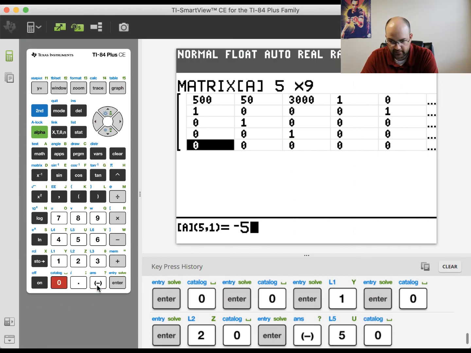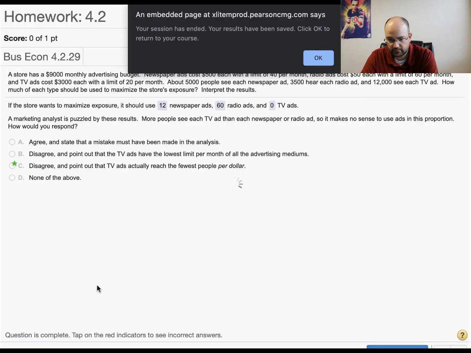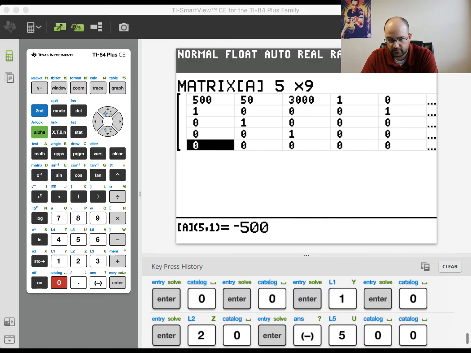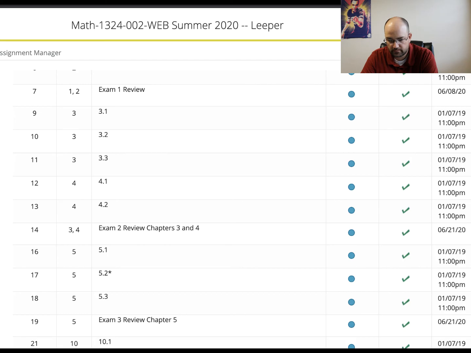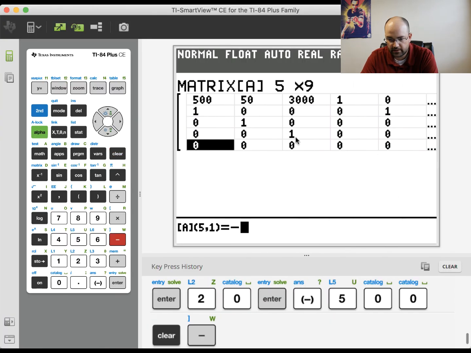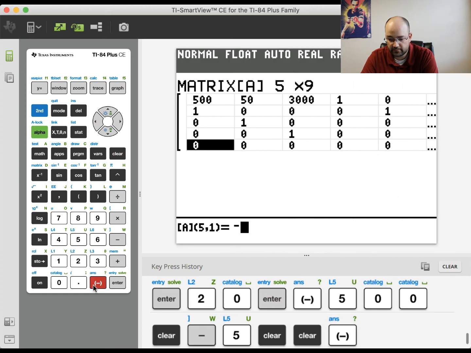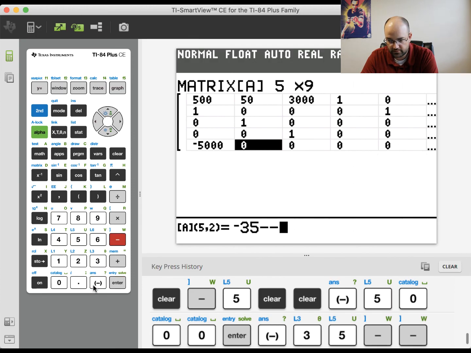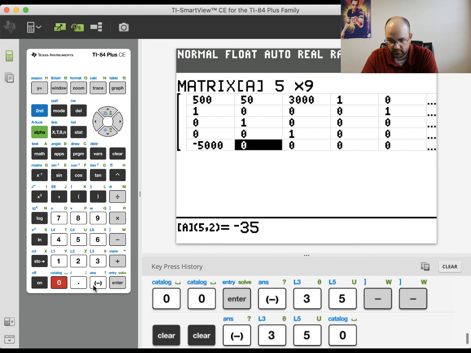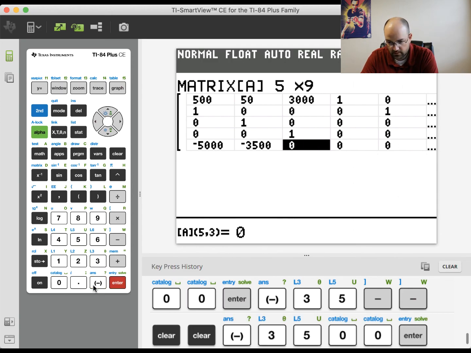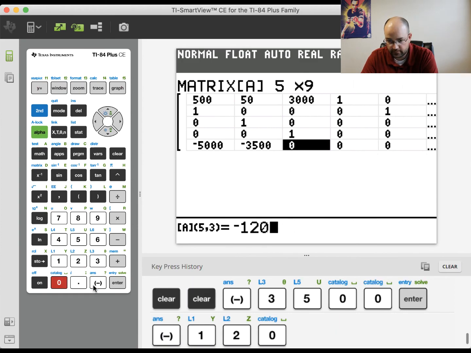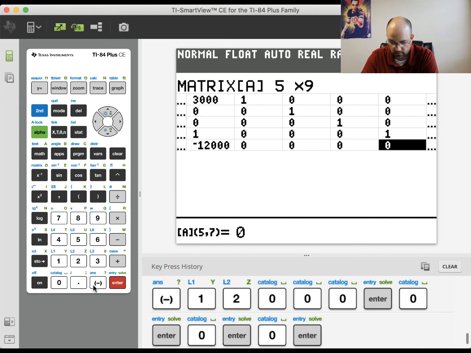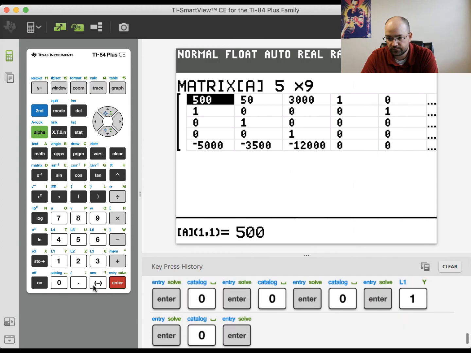negative 5, negative 5, negative 5,000, negative 3,500, negative 12,000, 0, 0, 0, 0, 1, 0.